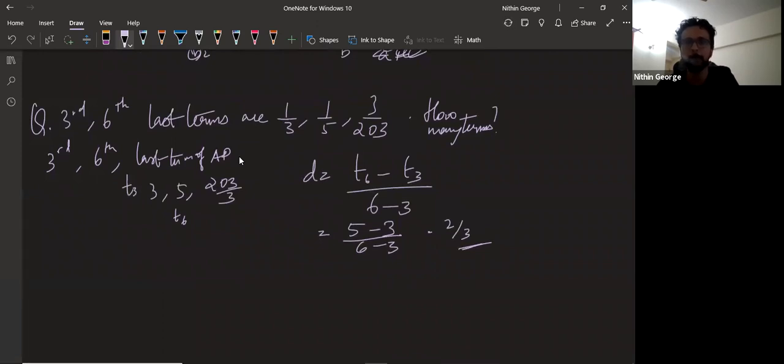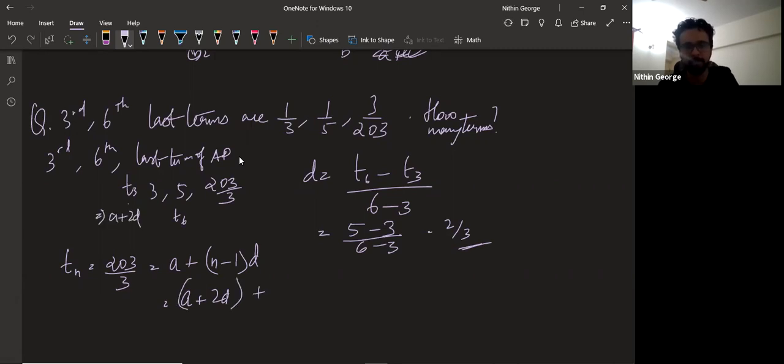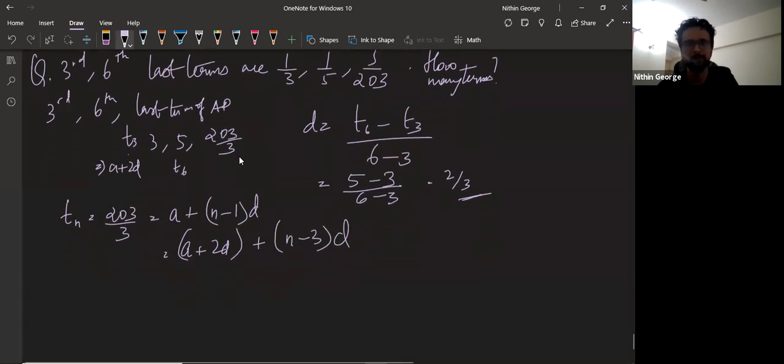Now, Tn is given to be 203 by 3, which is A plus (n minus 1)D. I can write this as A plus 2D, which is T3, plus (n minus 3) into D. T3 I already have, so I'll bring that in.